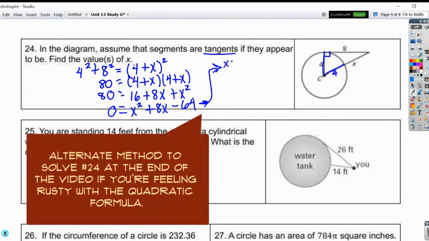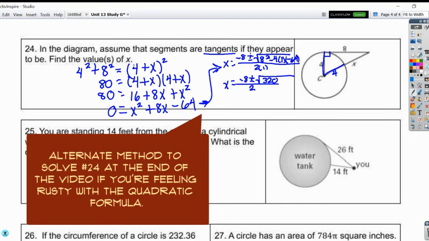So negative b plus or minus the square root of b squared minus 4 times a times c, all divided by 2a. So working that radicand, 8 squared, and then the negative 4 times 1 times negative 64. Looks like we've got positive 320 in the radicand.